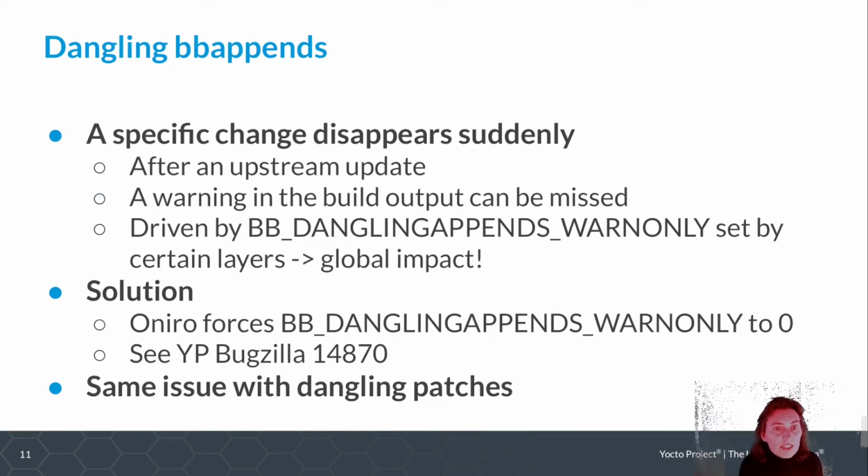In the Yocto project, this is handled by the BB_DANGLINGAPPENDS_WARNONLY variable. It can be set either to generate a warning when there is a dangling bbappend or generate an error. What happens is that there are some layers that are setting the variable to 1, so forcing the message about the dangling bbappend to be a warning, but they are not only changing it for themselves, they are changing it for everything, for the whole distribution that is including the offending layer.